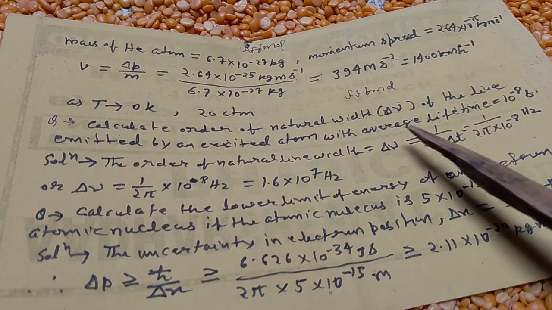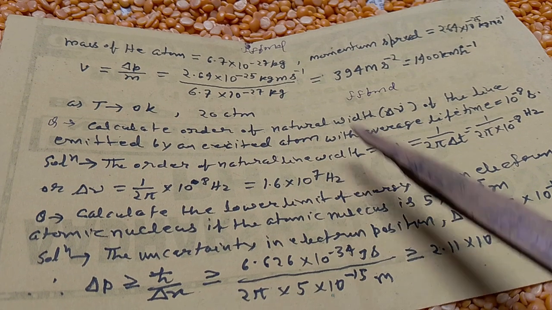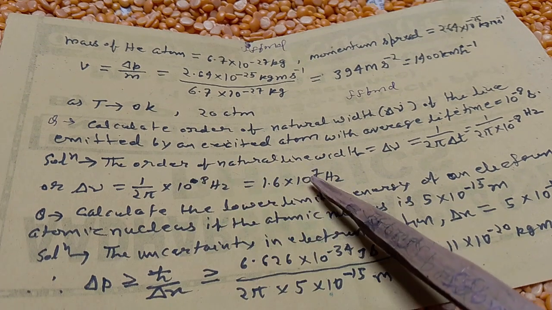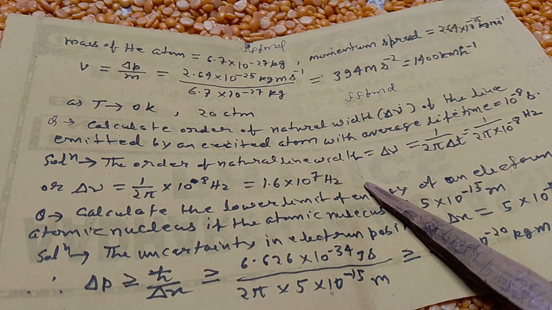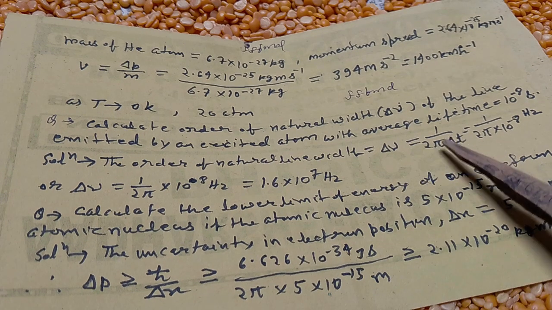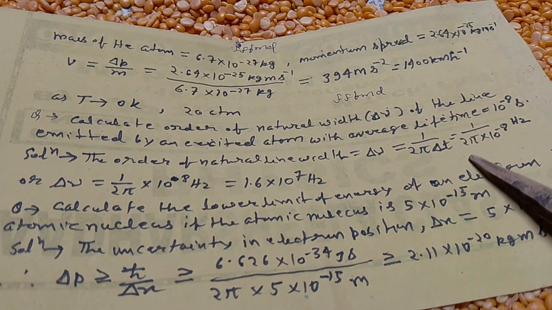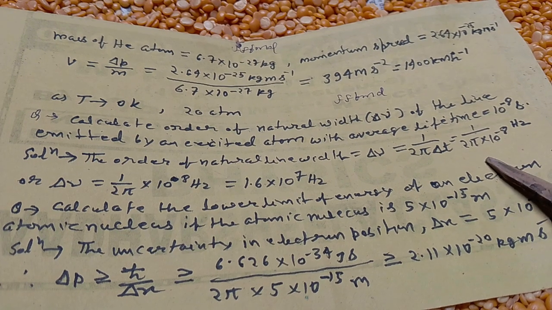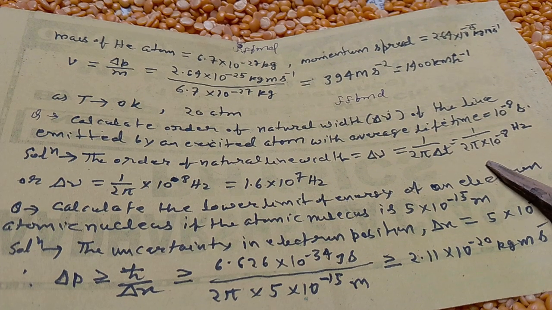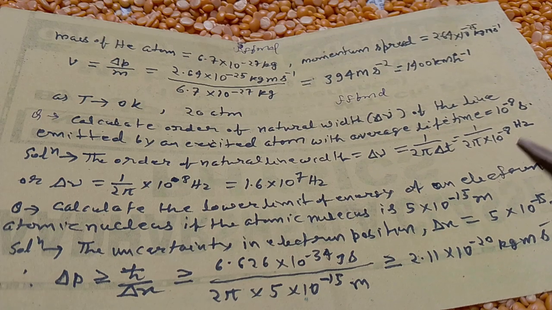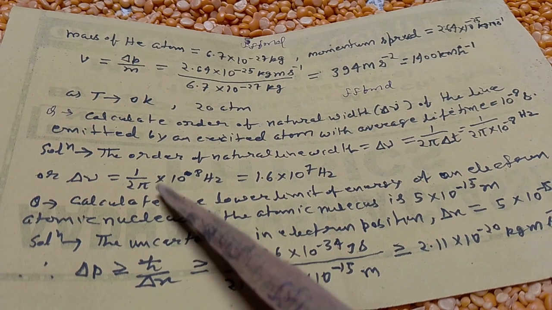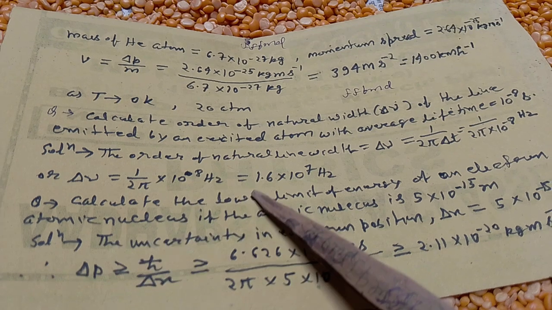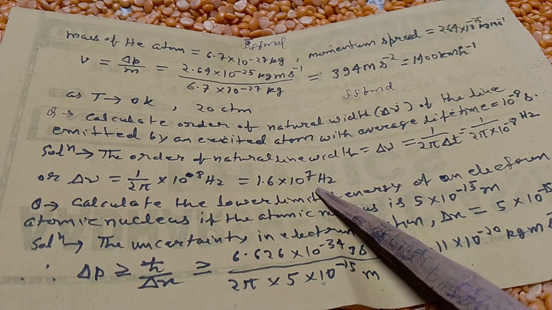Here we use the uncertainty principle to calculate. The order of natural line width is delta nu equals 1 by 2 pi into delta t, equals 1 by 2 pi into 10 to the power minus 8 hertz, or delta nu equals 1 by 2 pi into 10 to the power 8 hertz, equal to 1.67 into 10 to the power 7 hertz.